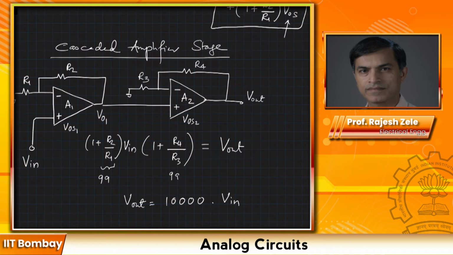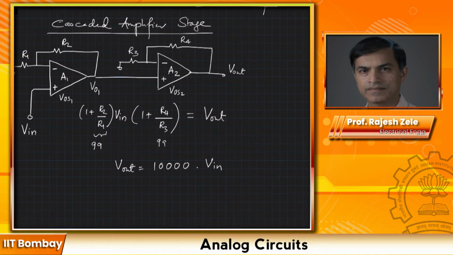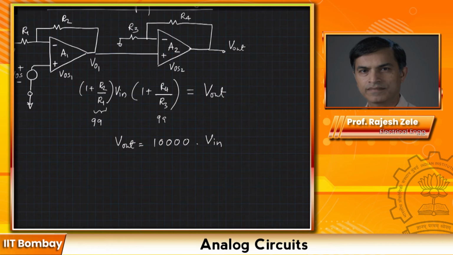All right. So we can now analyze the effect of VOS1. For that, what we will do is we will remove the input and we will insert the offset voltage here. So this is our offset voltage plus minus VOS1, and at that point we will ground the input. So you can quickly see that the contribution of offset voltage is going to be, and let's insert VOS2 also, and that I'm going to introduce here something like this.